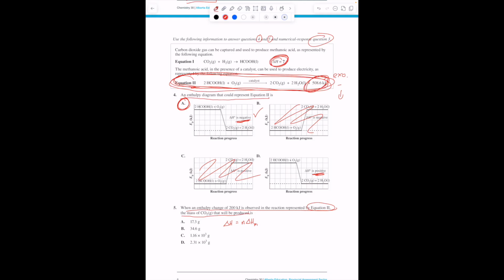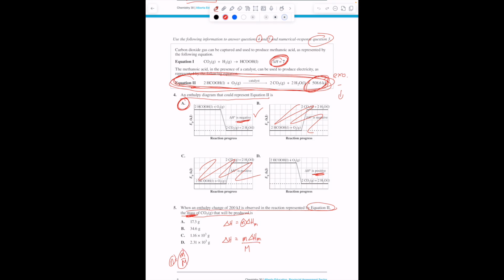What do they want? They want mass. So I actually like doing this. I know that N is equal to mass over molar mass. So I'm going to just change my formula right now to this. N, or delta H equals N, which is mass over molar mass times by my delta HM. I just substituted N, which is this, for this.